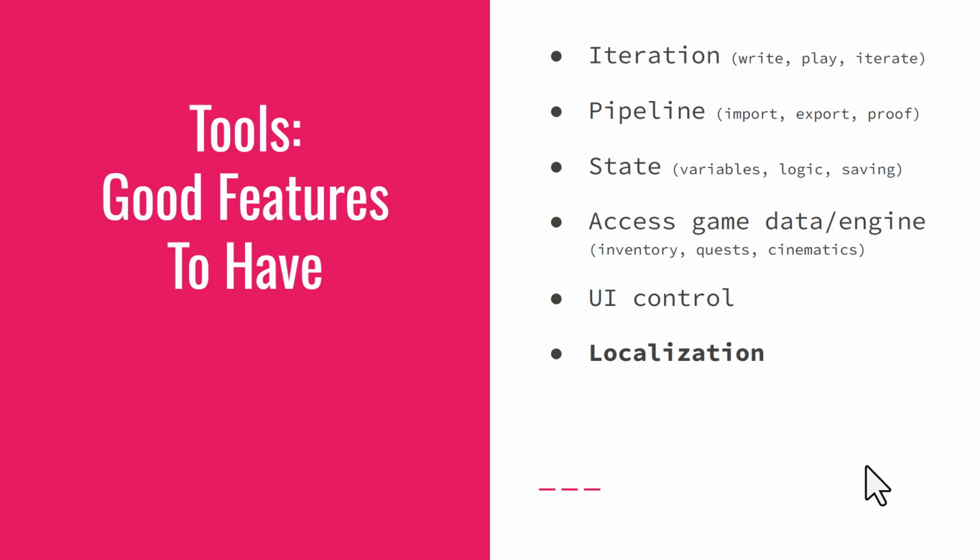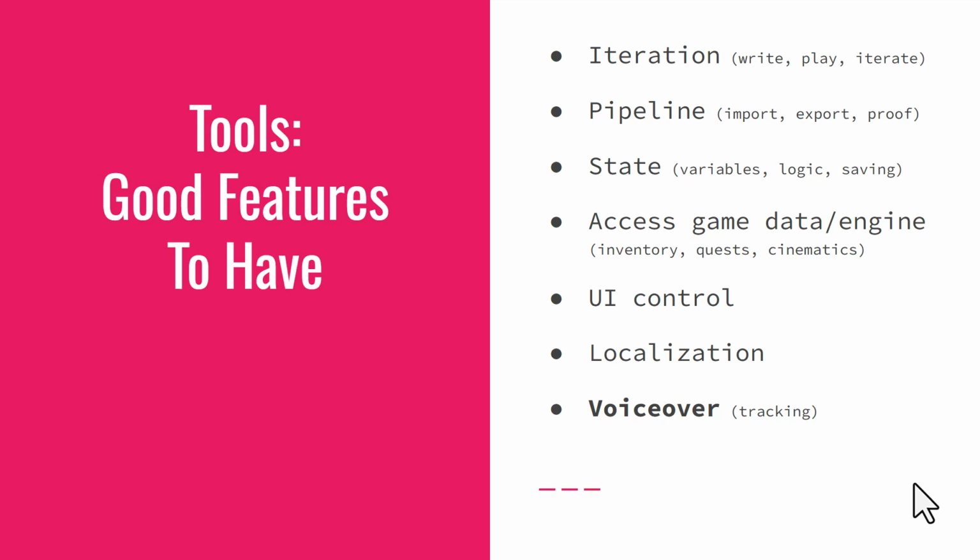And a few other things that you may or may not be interested in, but good to be aware of, good to know if a tool can support it in case you need it in the future. One of them is localization, that is being able to have different translations into different languages and manage that within your writing tool. And being able to handle voiceover, particularly if you can test that voiceover in your writing tool.